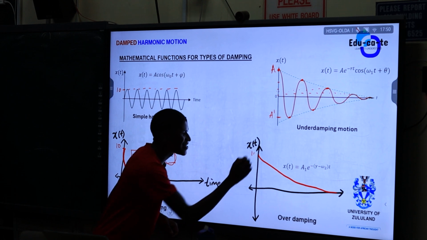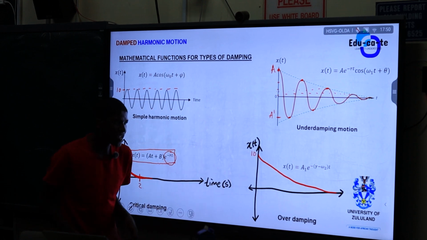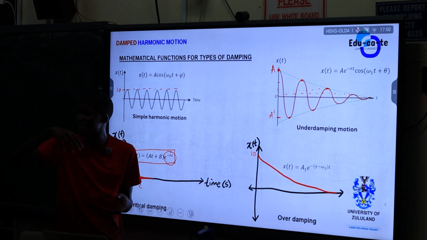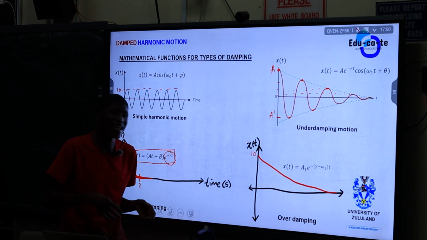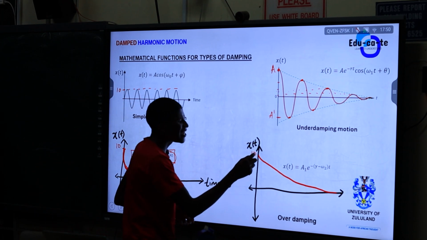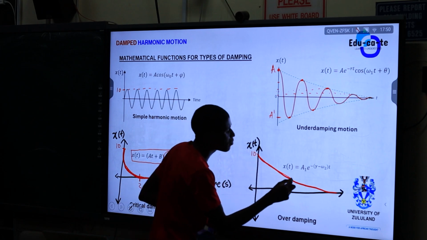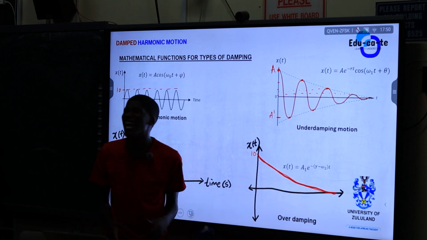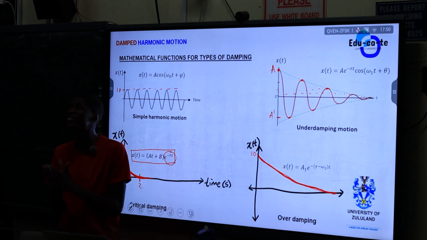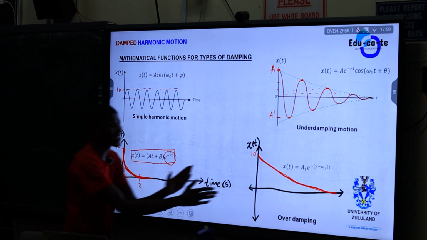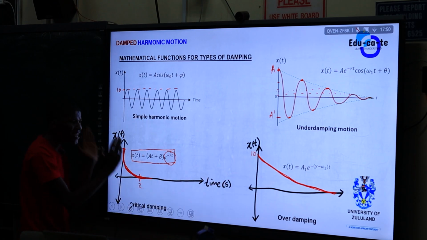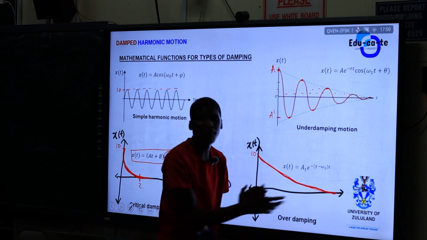So if the amplitude was 10, in overdamping we say that there is too much resistance. What will happen? This object will return to its equilibrium position, but it will take longer. It will do it slowly. So if you look at this graph and this graph, this graph is steeper than the overdamping one.